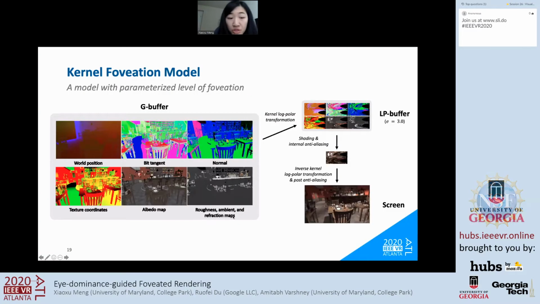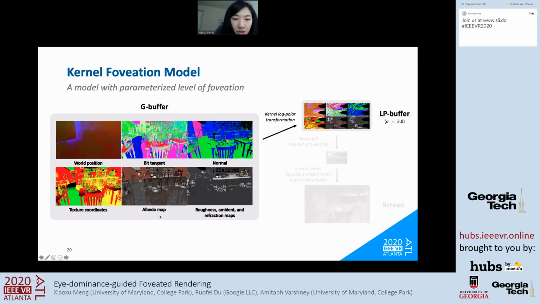We use the kernel foveation model, which parameterizes the level of foveation with one parameter. In the first pass, we compute the kernel log polar transformation of the G-buffer and render to a reduced resolution buffer.